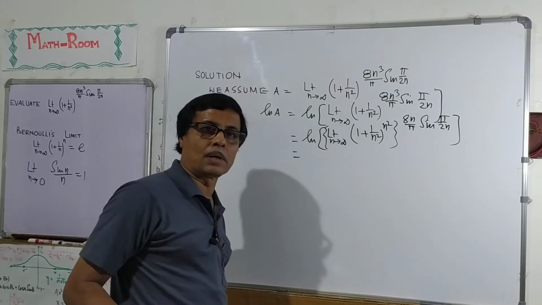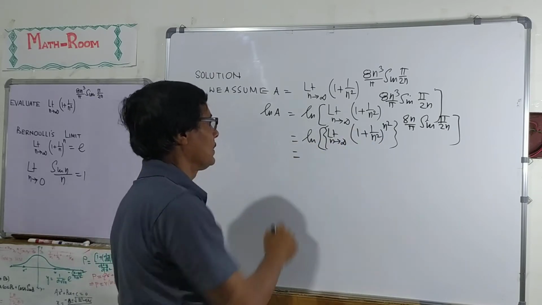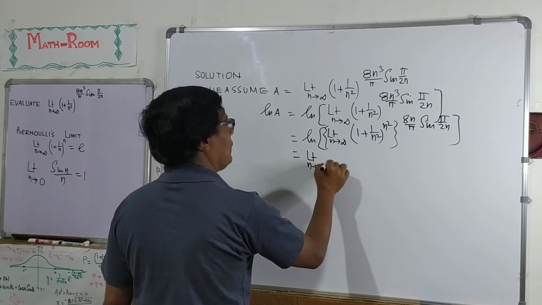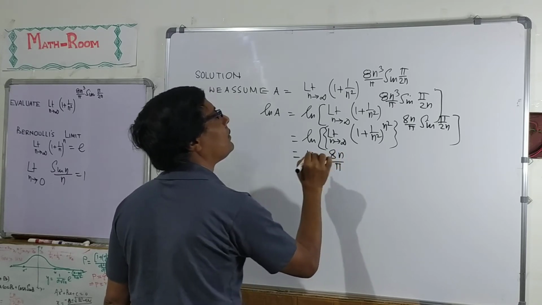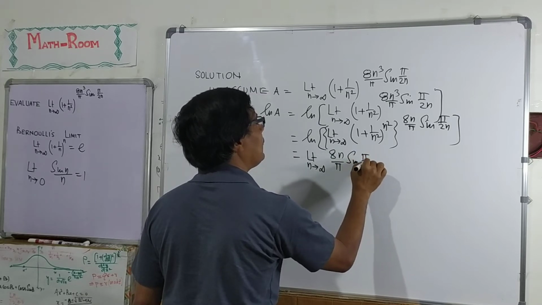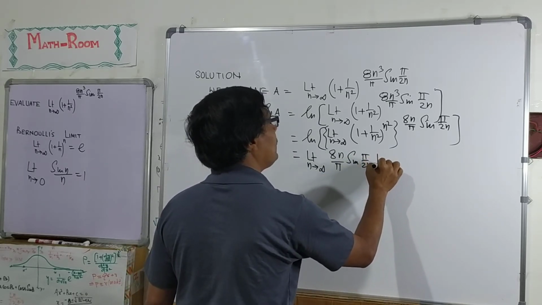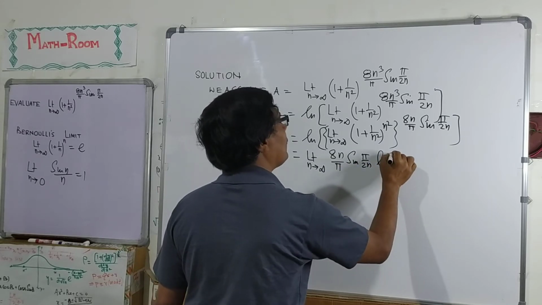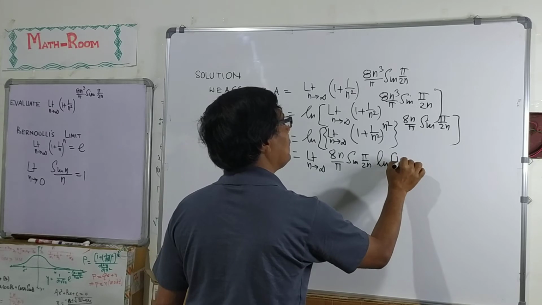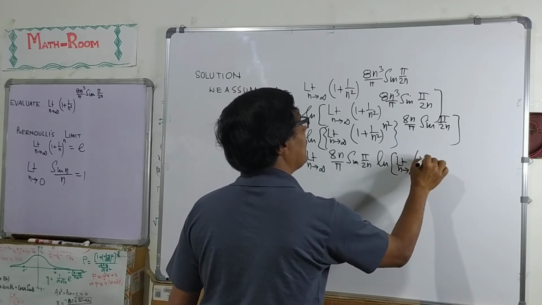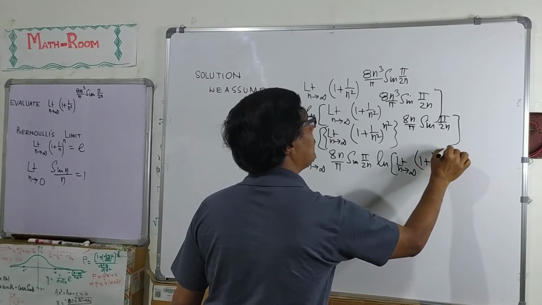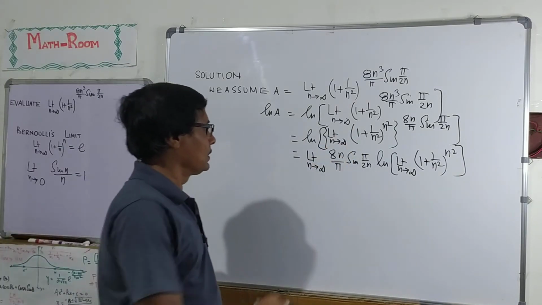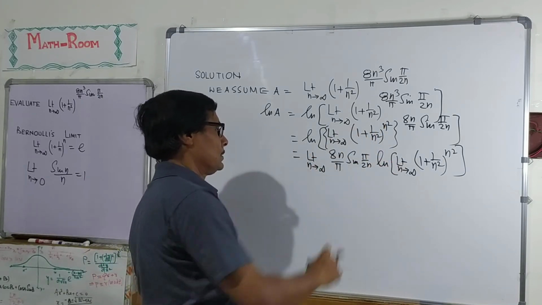Using the properties of logarithm we can write this in the form: limit n tends to infinity 8n over pi sin pi over 2n, into the logarithm of limit n tends to infinity (1 plus 1 over n square) to the power n square.